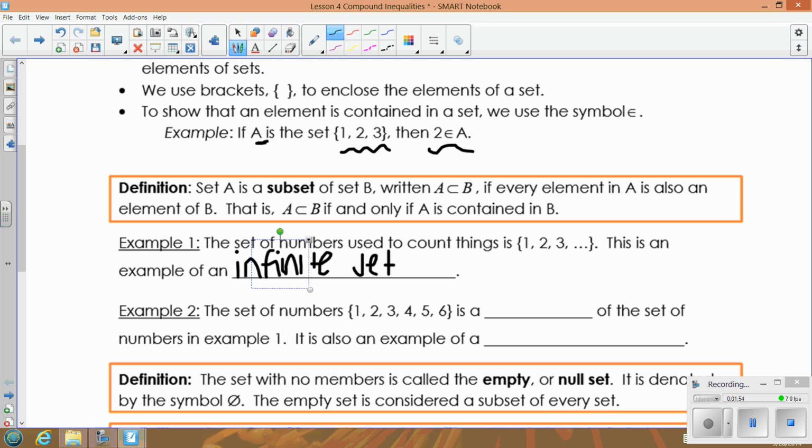And the dots represent going on forever, where a set of numbers 1, 2, 3, 4, 5, 6 would be a subset of the set in example 1, because 1, 2, 3, 4, 5, 6 is contained in the infinite set 1 through infinity. It's also an example of a finite set because it ends. There's an end to it, so this is a finite set.